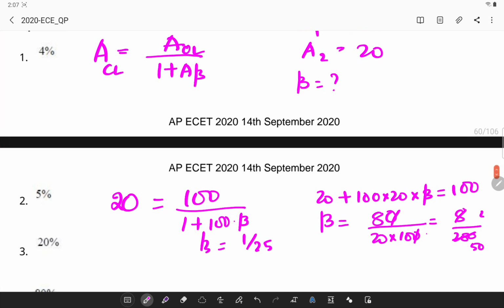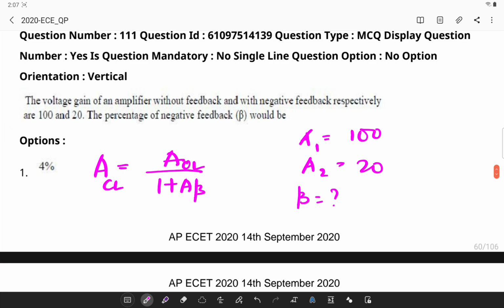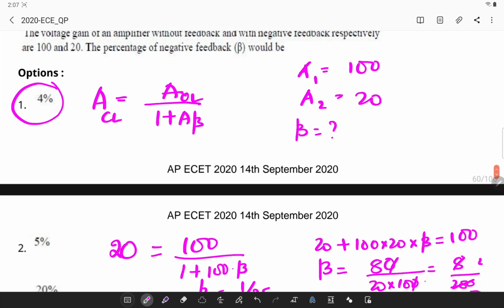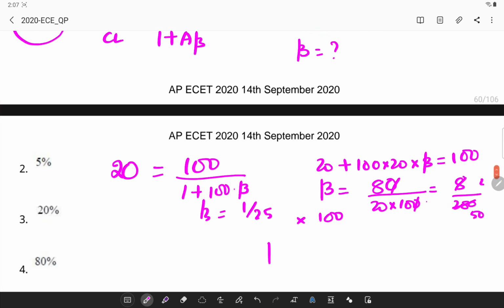I can simply write it as 4%, because beta is 1 by 25, and in terms of percentage I have to multiply it. So beta will be 1 by 25 into 100 percent, which means 4%.